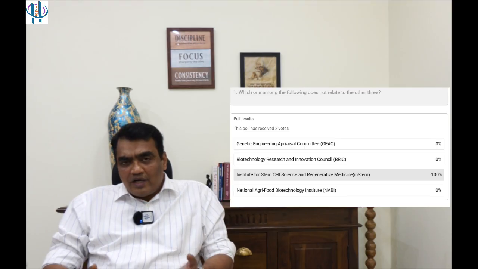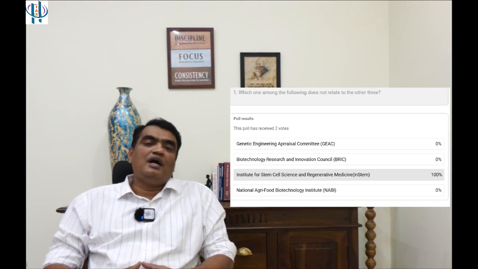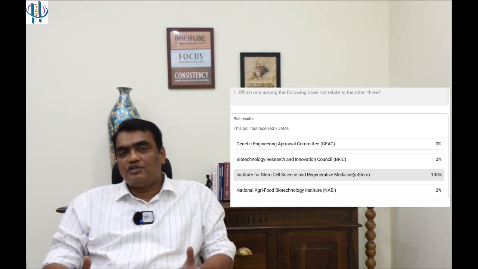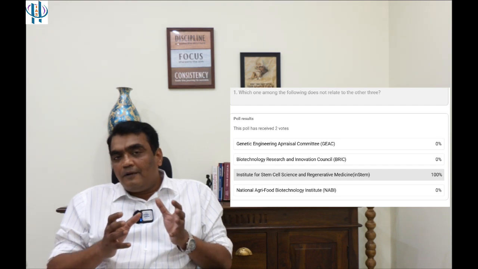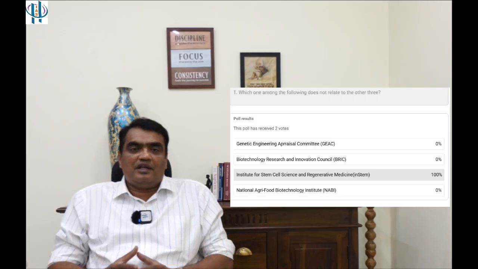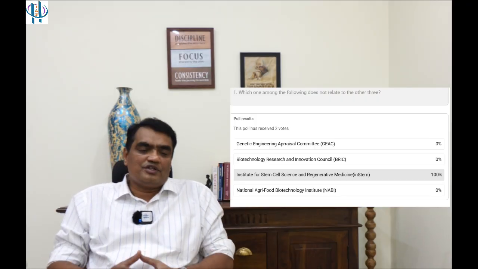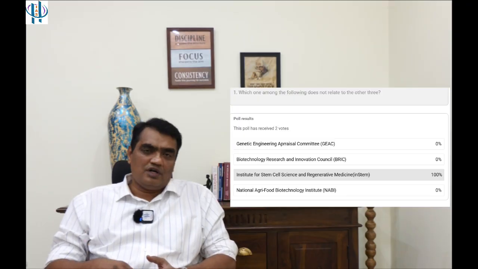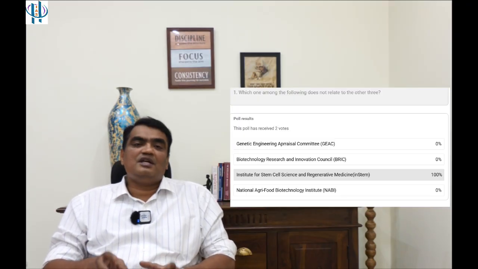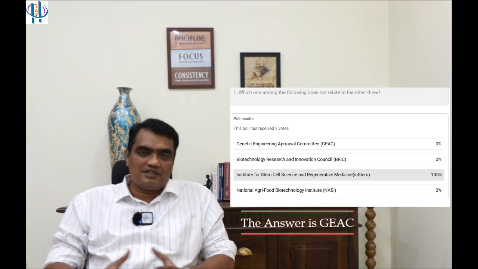So how do we use biotechnology, innovation and research to ultimately achieve food and nutritional security? NABI at Mohali in Punjab is into that area. So now when we go through these options, the second one, under which the two others are there, as a whole these three come under the Department of Biotechnology, which comes under the Ministry of Science and Technology.